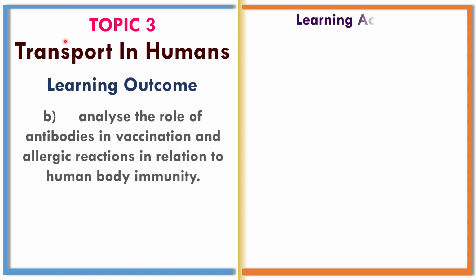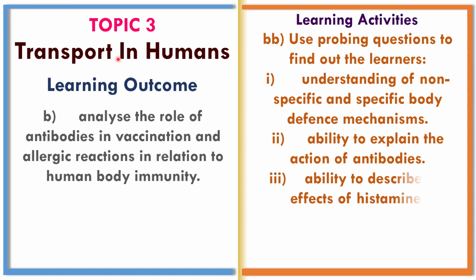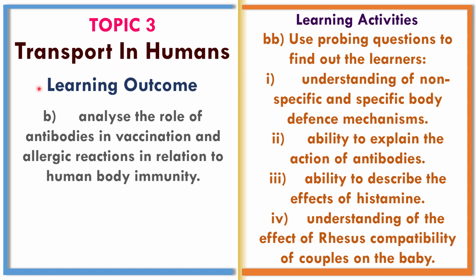Thank you for participating in topic 3, transport in humans. We have been looking at learning outcome B: analyze the role of antibodies in vaccination and allergic reactions in relation to human body immunity. We looked at learning activity BB.